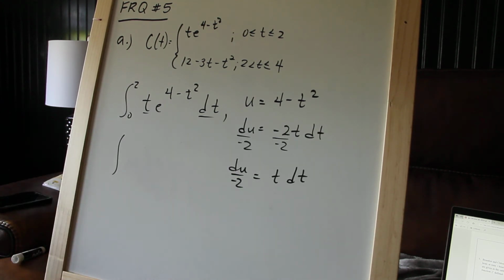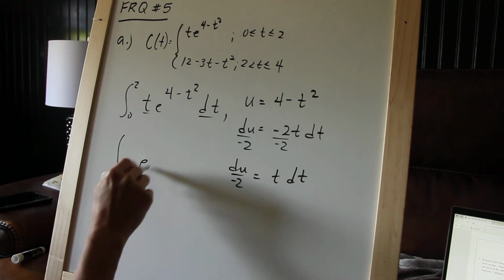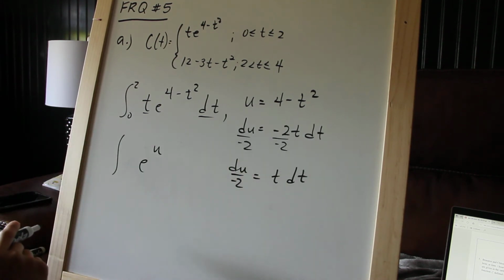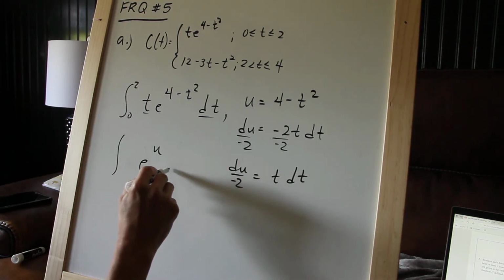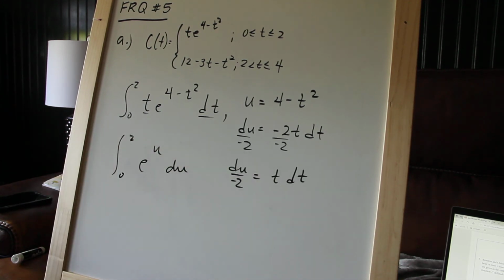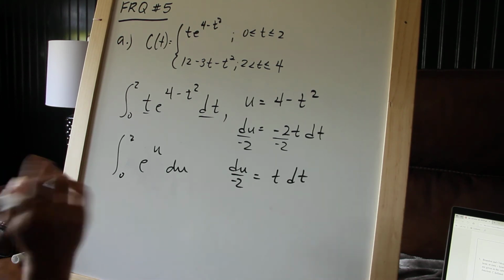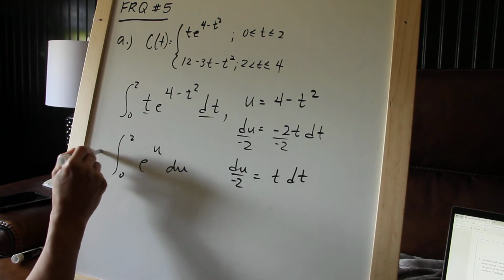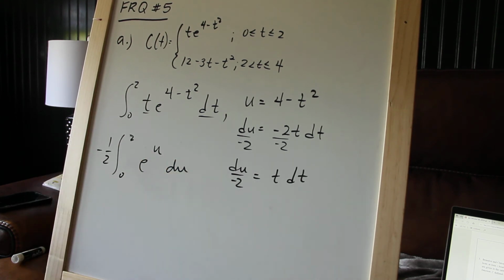So if I go ahead and replace that, it becomes e to the u du. Okay, I'm going to keep my limits from 0 to 2 because I don't want to change back and forth, because I'll go ahead and replace u with 4 minus t squared again. And so I have that, and I have a negative 1/2 in the front.